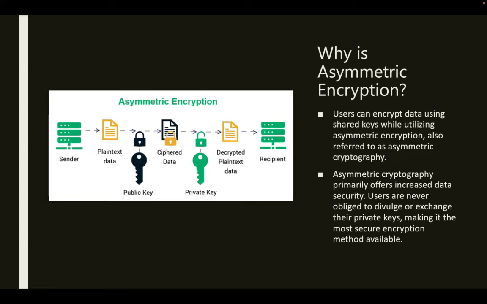Asymmetric cryptography primarily offers increased data security. Users are never obligated to divulge or exchange their private keys, making it the most secure encryption method available. This reduces the likelihood that a cybercriminal will intercept a user's private key during the transmission.